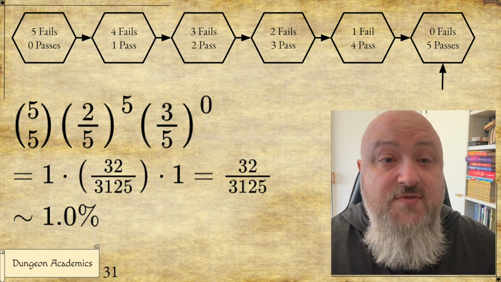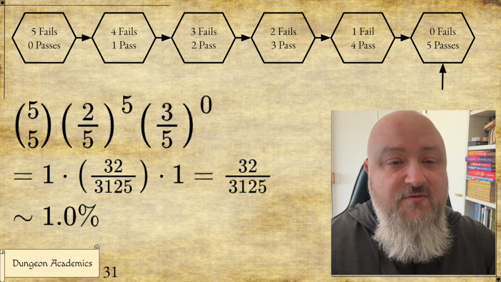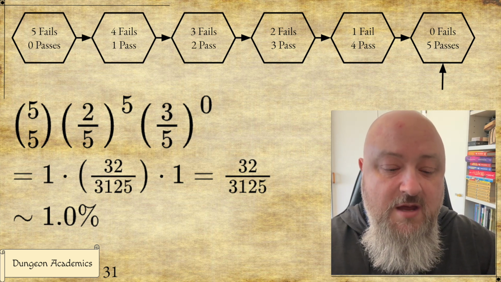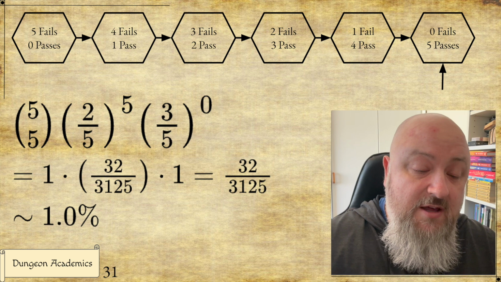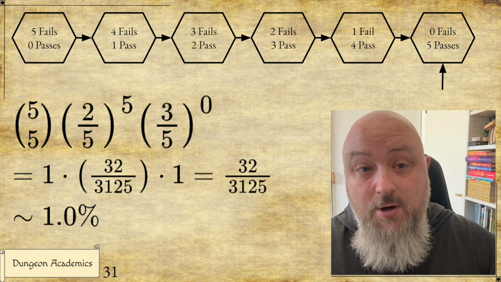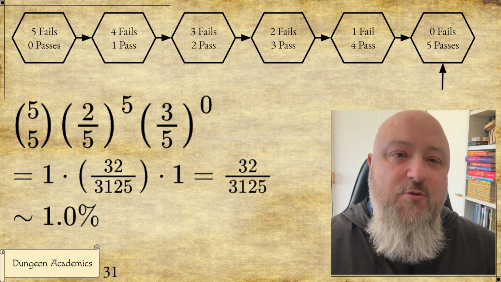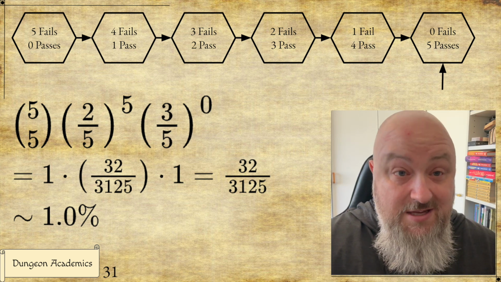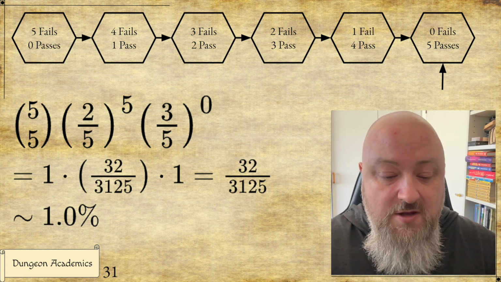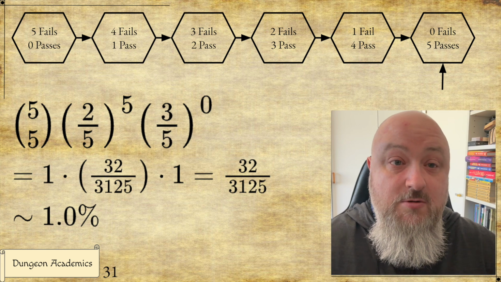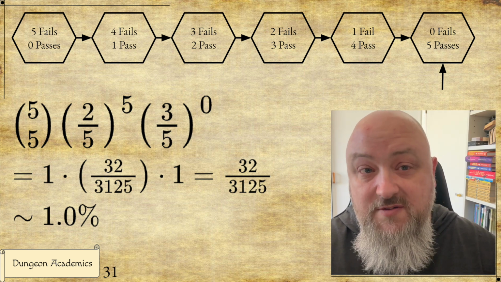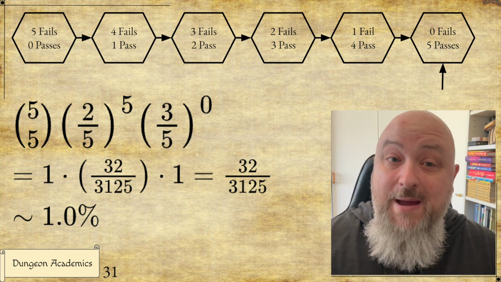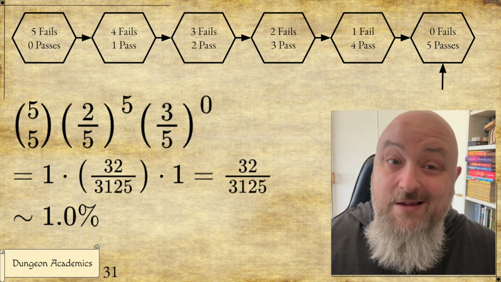Well, 5 choose 5 is just 1. All 5 events must succeed. 2/5 to the power of 5 is 32 over 3,125, and 3/5 to the power of 0 is 1. We multiply all those together, we have a 32 in 3,125 chance. That's about 1%. Quite unlikely.